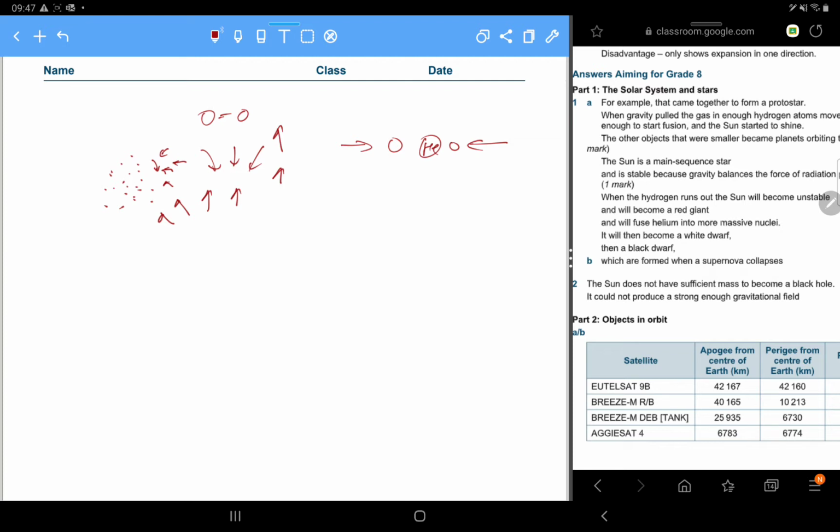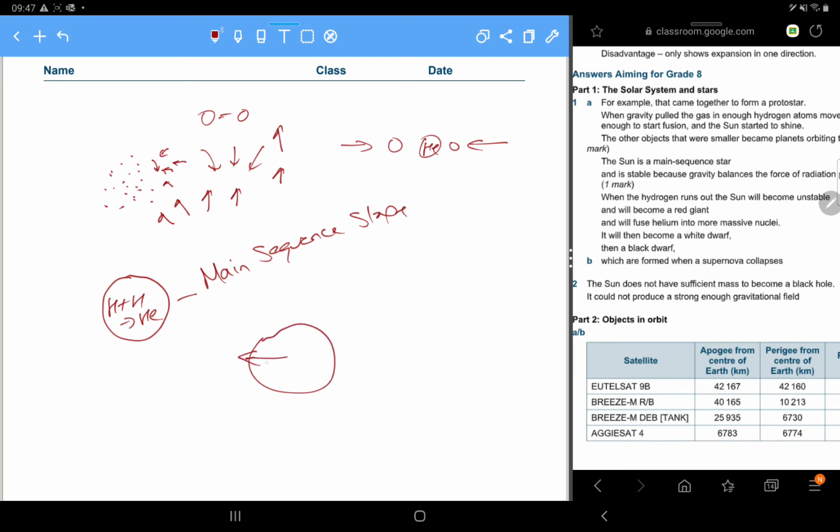And then we have a star which is fusing hydrogen for a long period. Our star, for example, is going to be about 10 billion years, and this is called the main sequence stage. And in this main sequence stage, we have a scenario where the explosions of the star are pushing outwards in all directions.